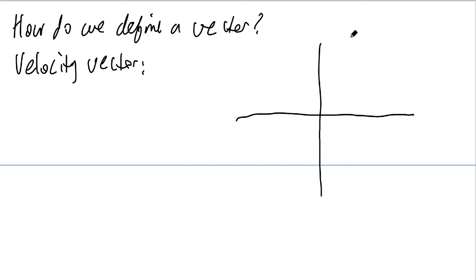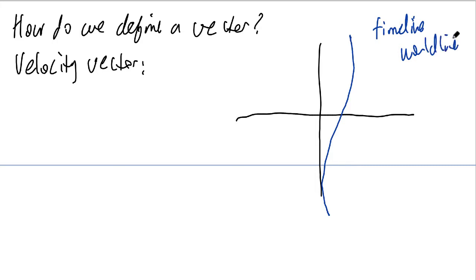Let's take a world line that's time-like. So here's a time-like world line. It's time-like, meaning at every point the curve lies within the future light cone of that point. So this is the path that a physical observer or particle could take.